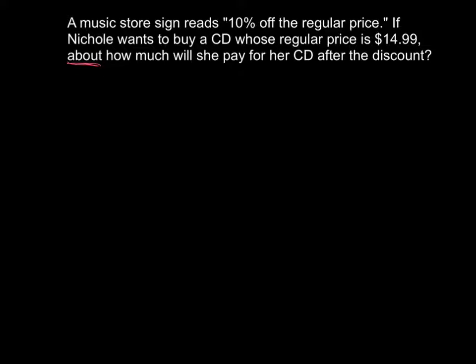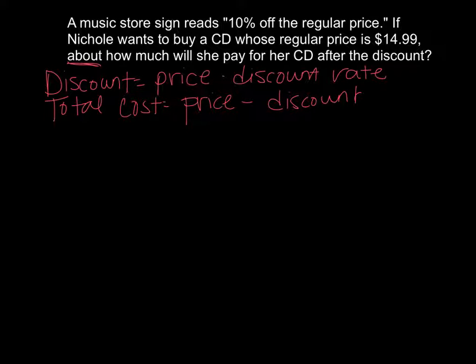So if I look back at my formula to find a discount, it says discount equals price times discount rate. So I'll write that down. Okay, I wrote these down just to help myself out. So I know the price of the CD is $14.99, so I'm going to do capital D equals $14.99, the price of my CD, times my discount rate, and my discount rate is 10%.